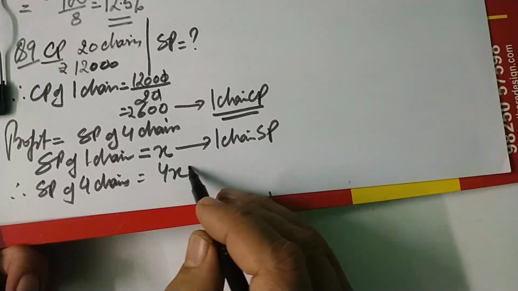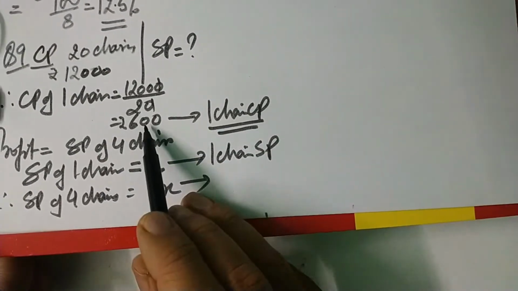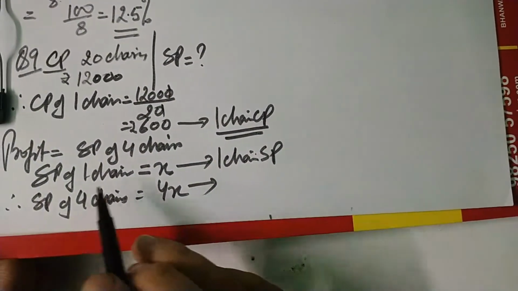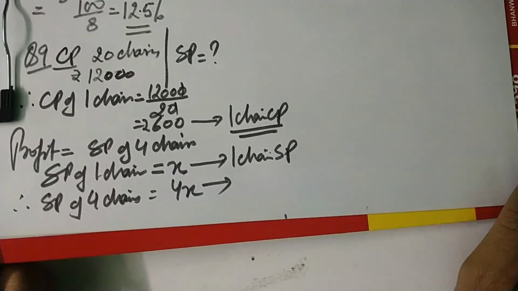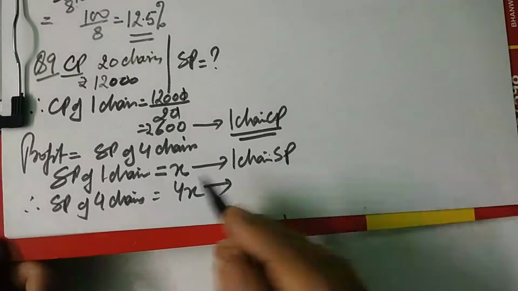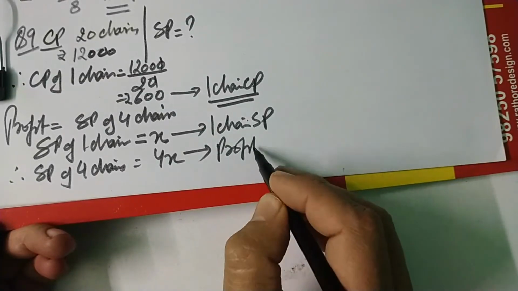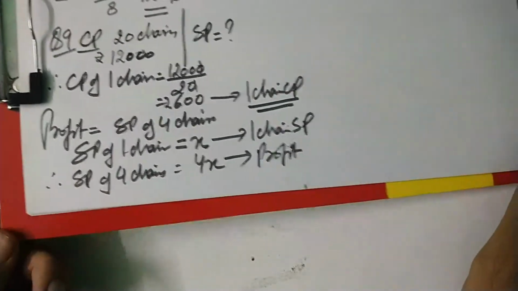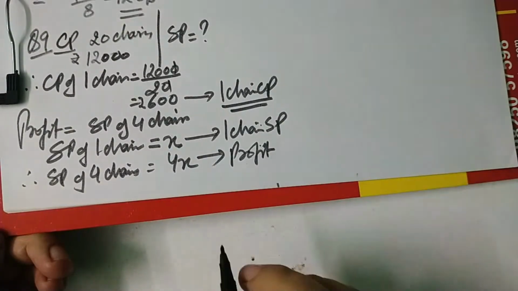This is one chair CP, this is one chair SP X, and the selling price of 4 chairs is 4x. So what is the question saying? He sold them at a profit equal to the selling price. So this 4x is also equal to the profit made on 4 chairs.